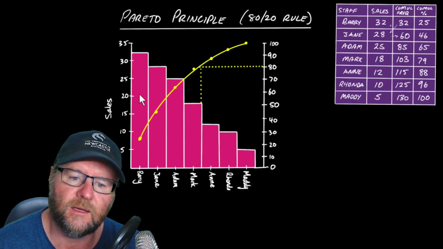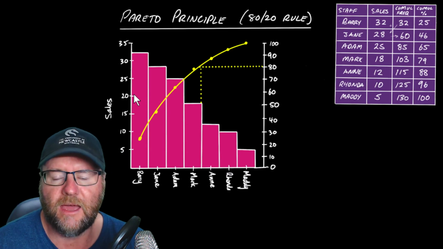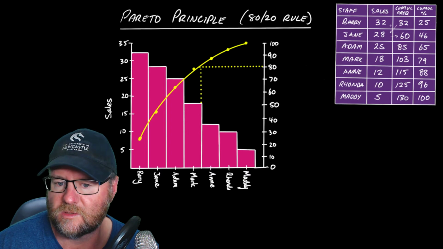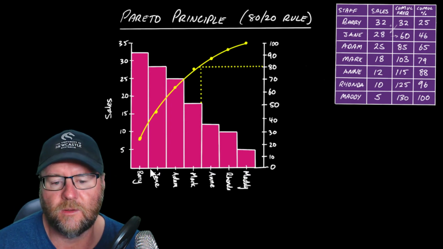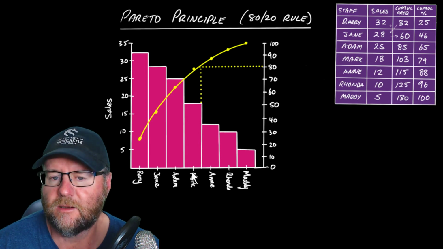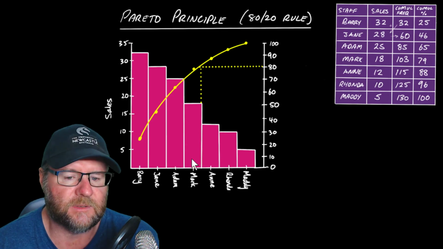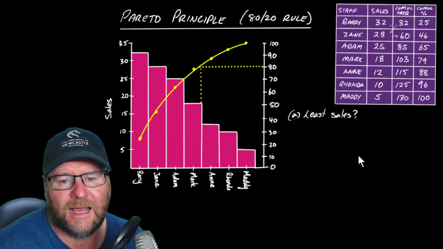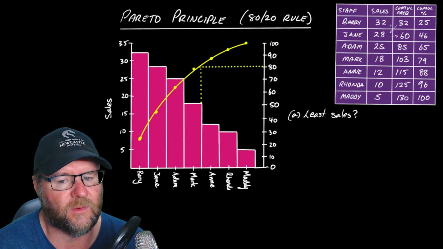From here across to the left, that represents 80% of my scores. So I can look at that and say, Barry, Jane, Adam, and Mark together came up with roughly 80% of our sales. Let's see if we can answer a couple of questions off it.